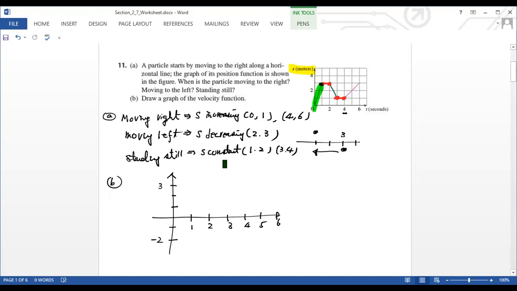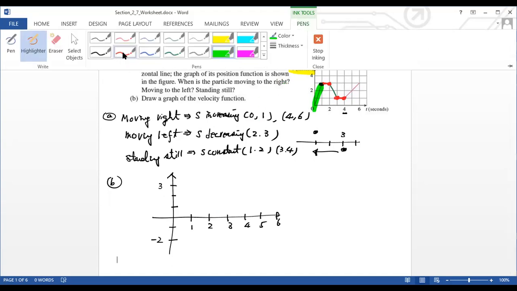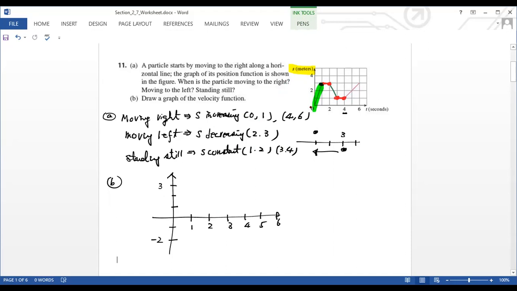Since this is a line, what is the slope of this line? The slope of this line is 3, correct? That means the velocity is a constant, it's 3. Am I right? So that's why from 0 to 1, here will be your velocity function, right? The y-axis is the velocity function.